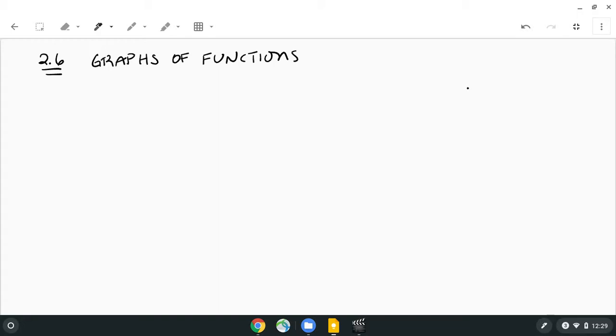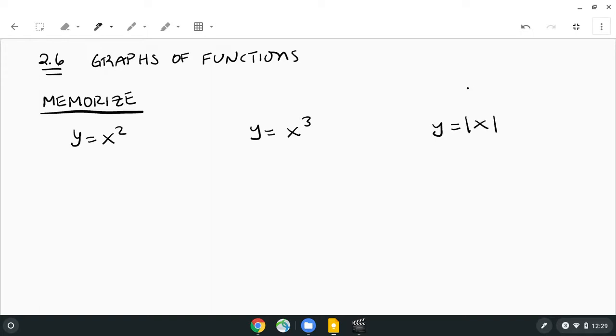So before we get started with the actual translations, I would like for you guys to memorize 3 particular graphs. Okay. So the graph of x squared, the graph of x cubed, and the graph of absolute value of x.